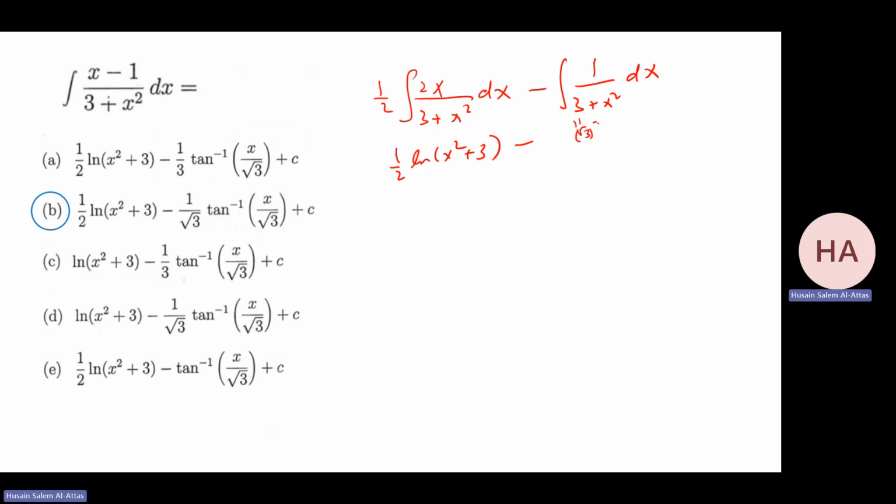This is square root of 3 all squared. My a is square root of 3. So it will be minus 1 over square root of 3 tan inverse x over square root of 3 plus c, which is this one. Square root of 3 should be.